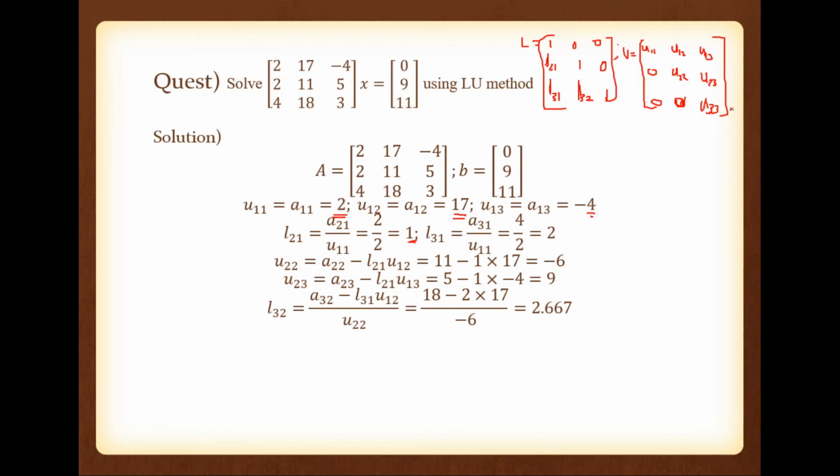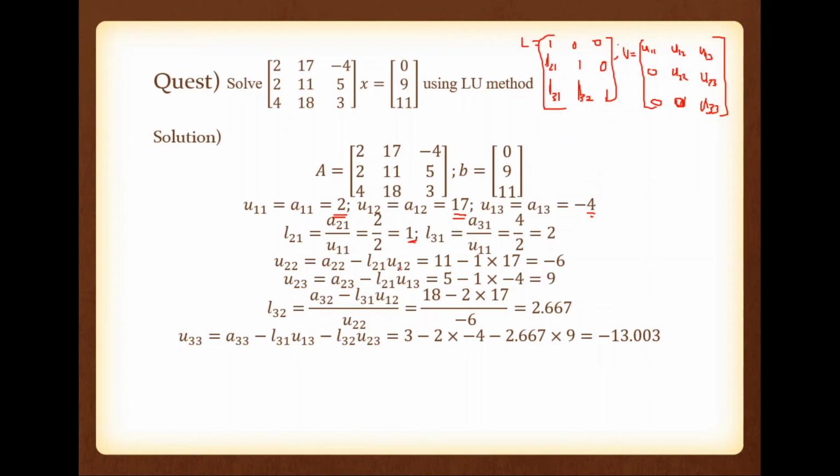Now we are going to find the third row of U, that is U33. U33 is equal to A33 minus L31 U13 minus L32 U23, that is equal to 3 minus 2 into minus 4 minus L32. So L32 is 2.667 into U23.